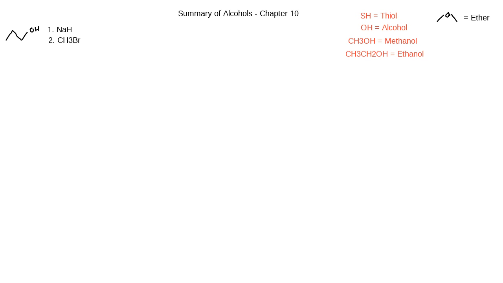Okay. So first things first, this should be a quick review from last unit. NaH is a strong base that deprotonates this H to turn this alcohol into a good nucleophile, which then will attack this methyl bromide, which will kick off the bromine, and then we'll add a methyl on the right side of this O, and you end up with a structure that looks like an ether.